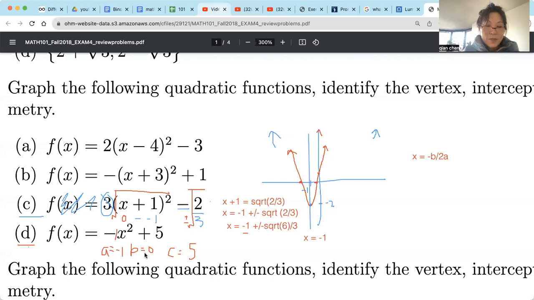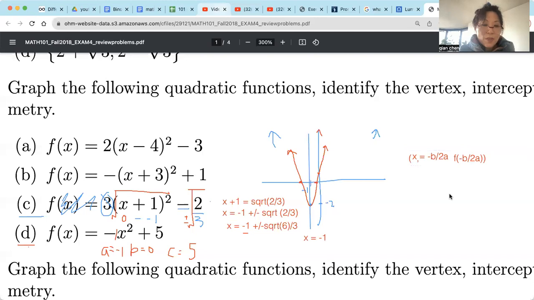In our case, b is 0, so our vertex has x value 0. Then our y value is just f of that x, f of -b over 2a.